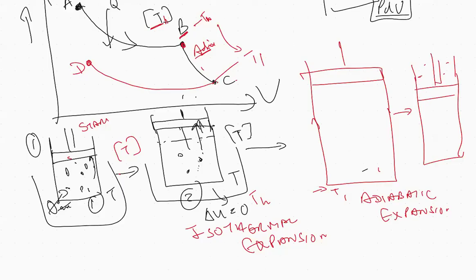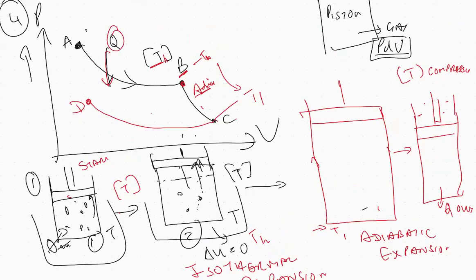This is called isothermal compression. Here, can you see Q was going in? Now Q is going out. So heat is given out of the system. This is also isothermal.